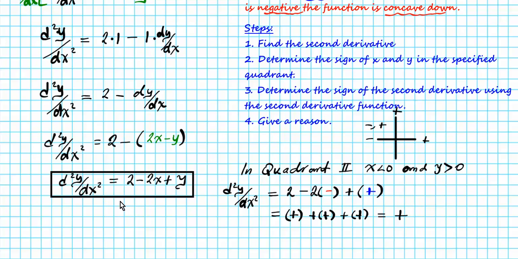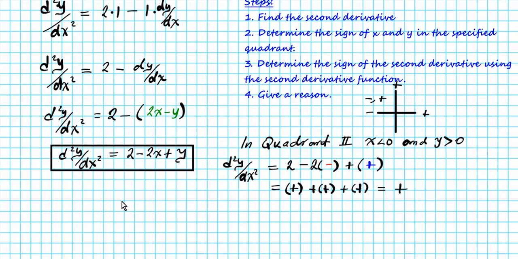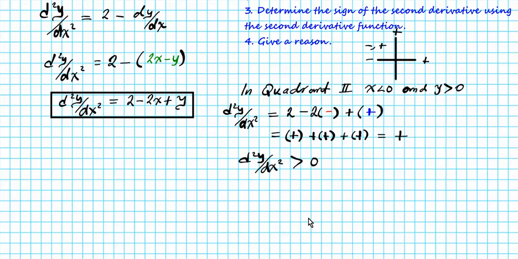Okay, so we can simply say that d²y/dx² is greater than 0, it's positive. So what does that tell us? When the second derivative is positive, our graph is going to be concave up.